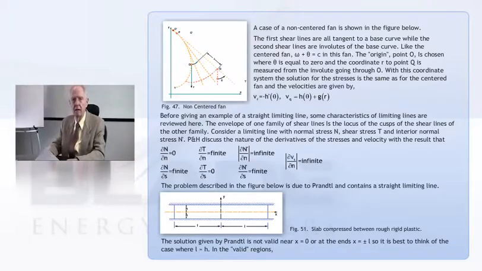Everything not near the end is okay in the solution. Well, that's the way it is here. The end effects on this so-called slab problem, and also at the origin, the results are not to be taken seriously, but everywhere else you're okay.